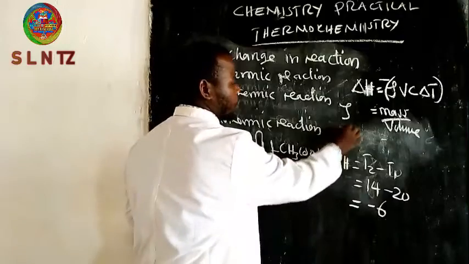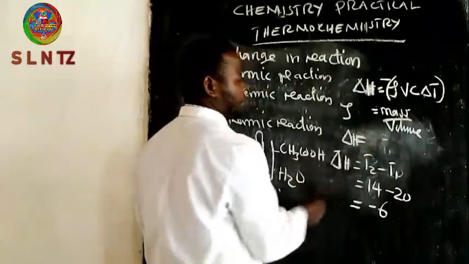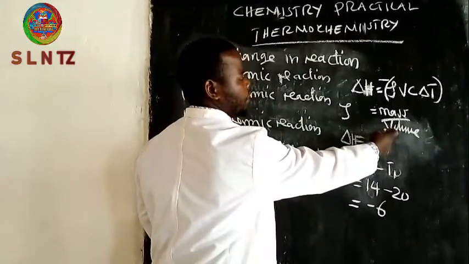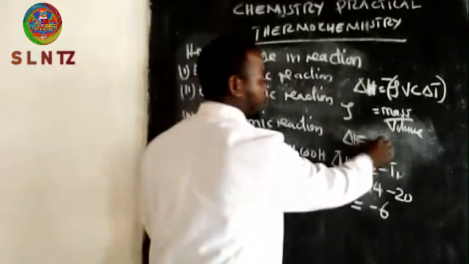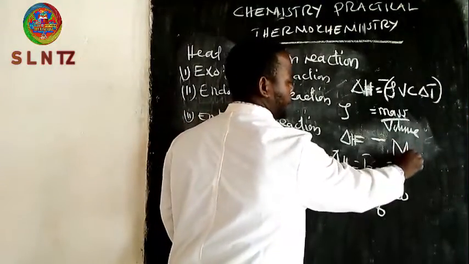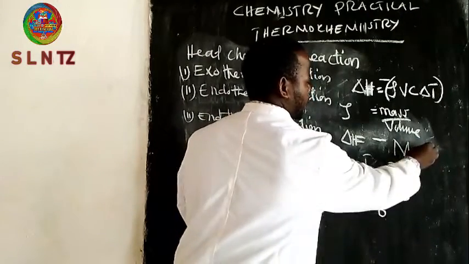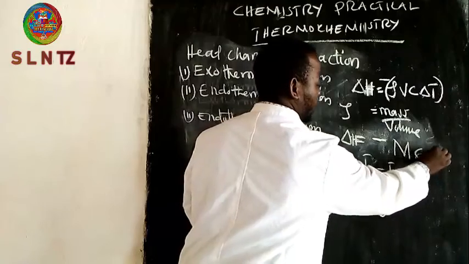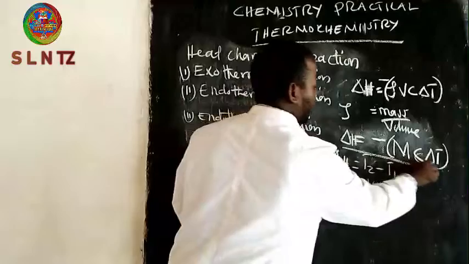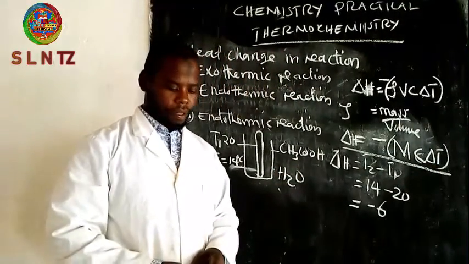So the change in heat can be, instead of this, negative mass times specific heat capacity of water times change in temperature.